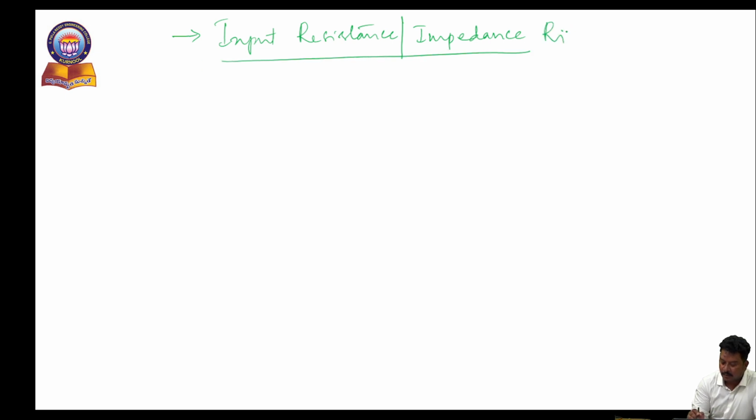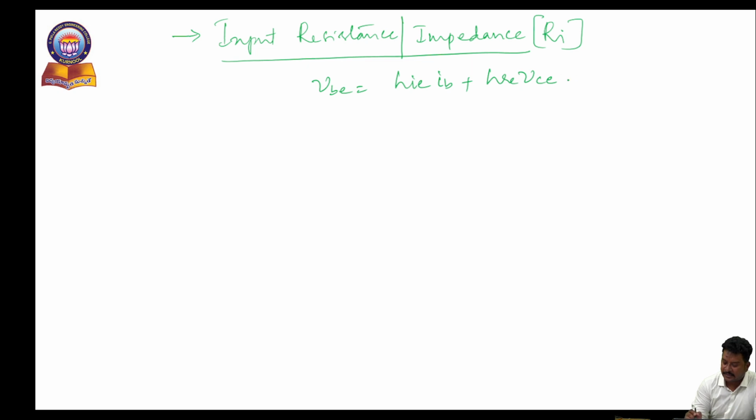The next parameter is input resistance or impedance. From the transistor H parameter equation, we know that input voltage VBE is equal to HIE IB plus HRE VCE.